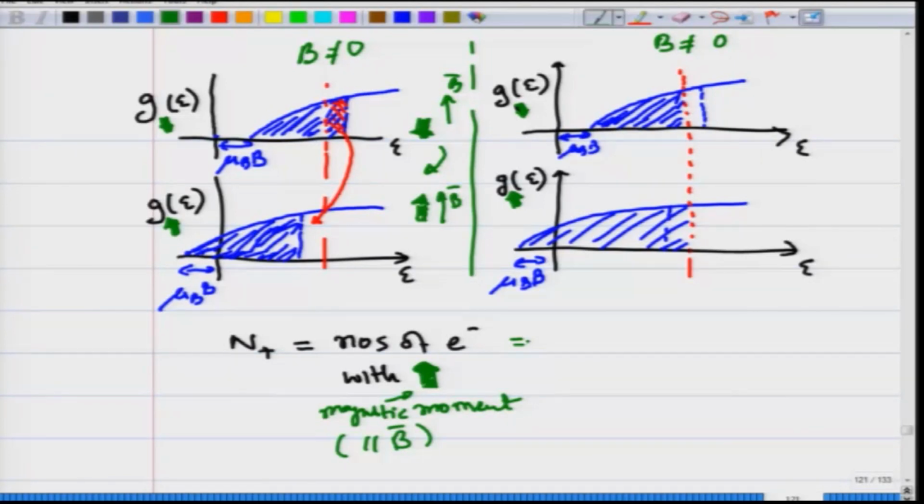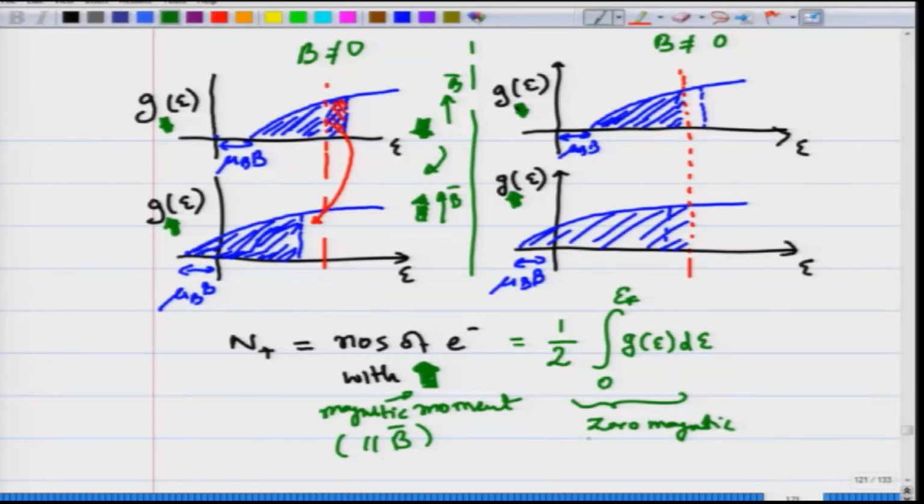This will be equal to half integral zero to EF G of E dE, which is the number of electrons with magnetic moment up in zero magnetic field.